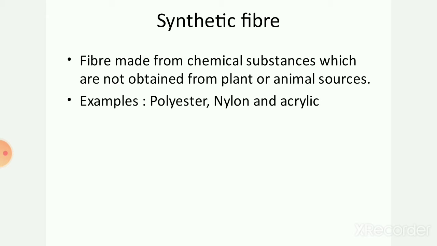We'll see some examples of synthetic fiber: polyester, nylon and acrylic. See, polyester is a thread prepared in a factory in which there is a long chain of ester molecules, and it is called polyester.